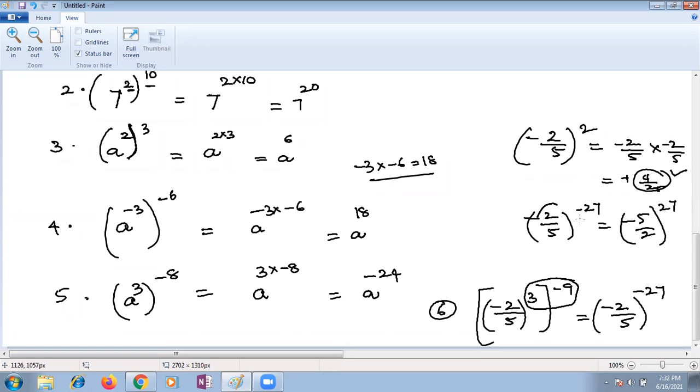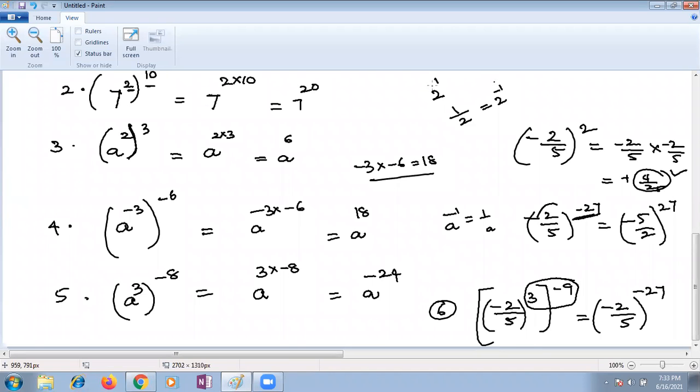Why should we do the reciprocal? Since ma'am is doing the reciprocal, a power minus 1 is equal to 1 by a. Exactly. A power minus 1 is equal to 1 by a. Suppose I take 2. 2 power 1 means 2. If I take 1 by 2, shall I write it as 2 power minus 1?